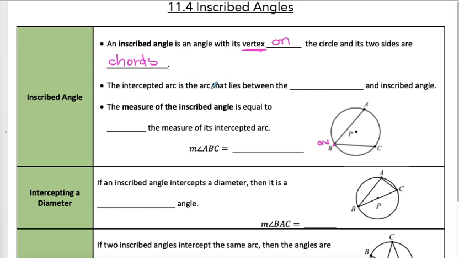The intercepted arc is the arc that lies between the chords and the inscribed angle. If I extend these out, here's chord AB, here's chord BC, and arc AC is the intercepted arc.